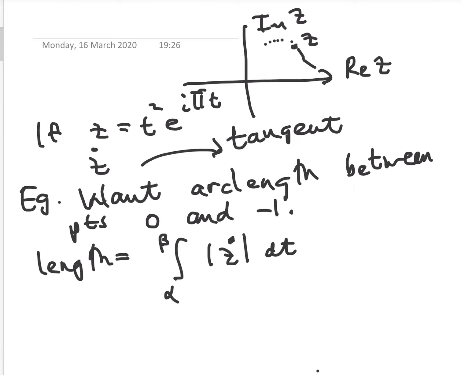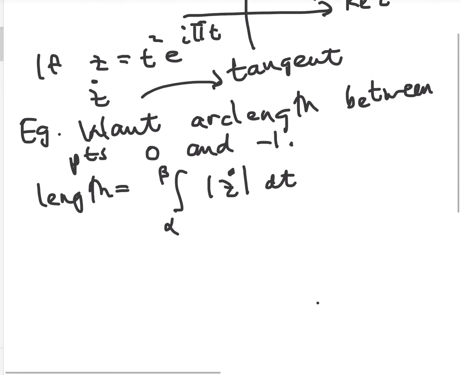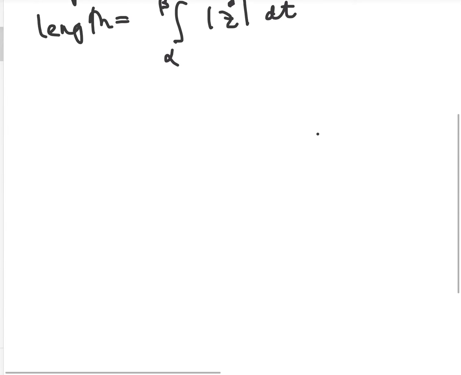Okay, we need to compute z dot and then the mod of z dot in this case. First of all then, the function z dot is a derivative of z with respect to t. That's going to be your standard product rule.